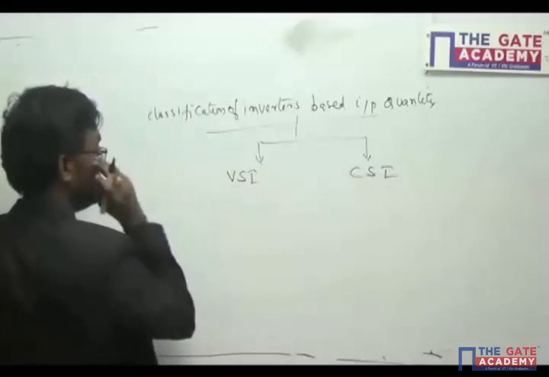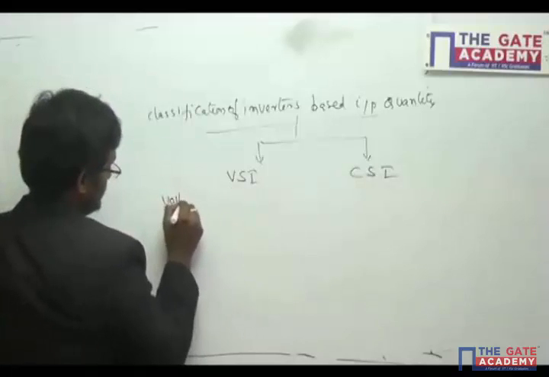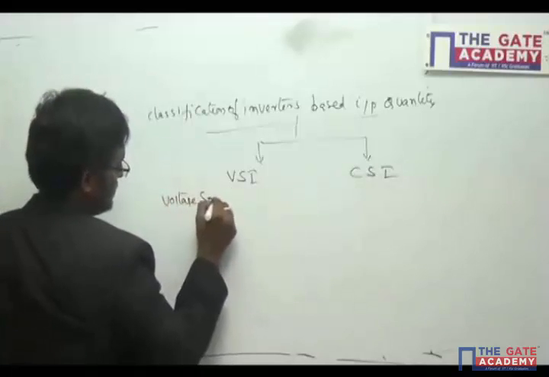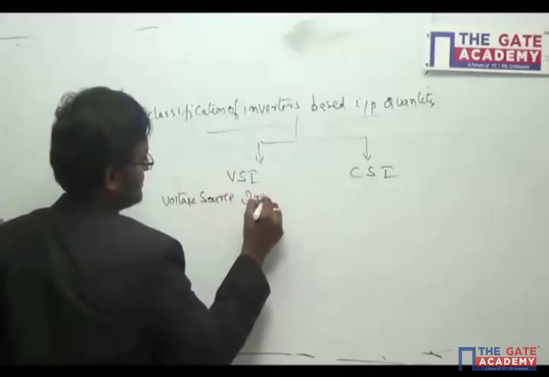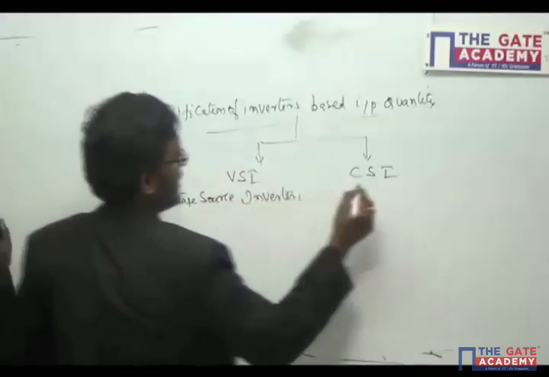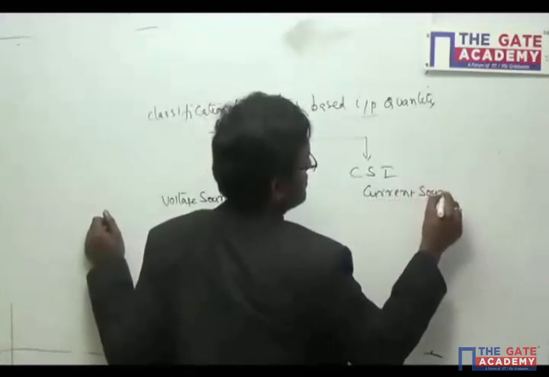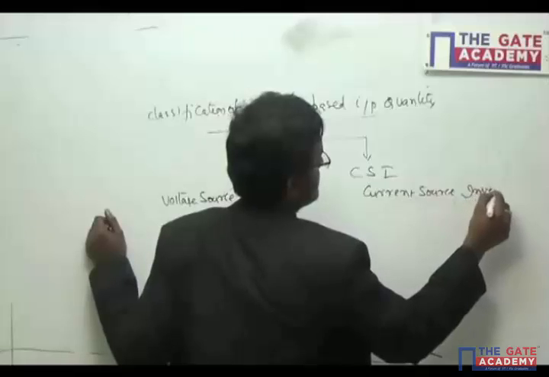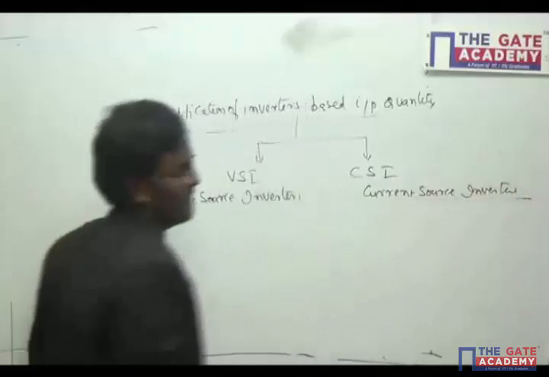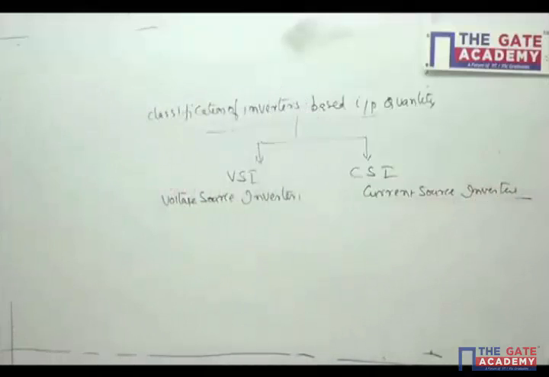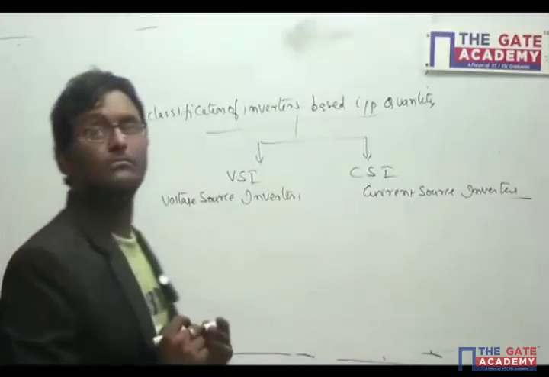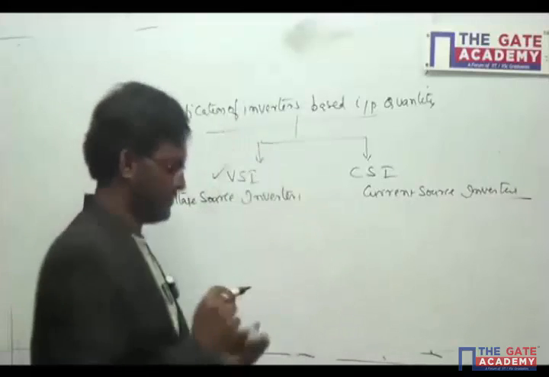So these are voltage source inverters and these are current source inverters. What is VSI? Voltage source inverters, and this is current source inverters. Mostly in our GATE syllabus, it is voltage source inverters.